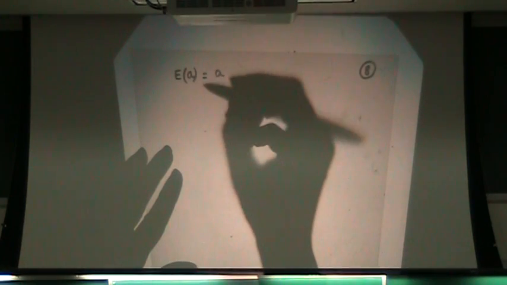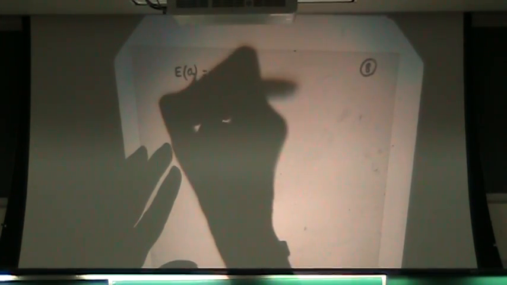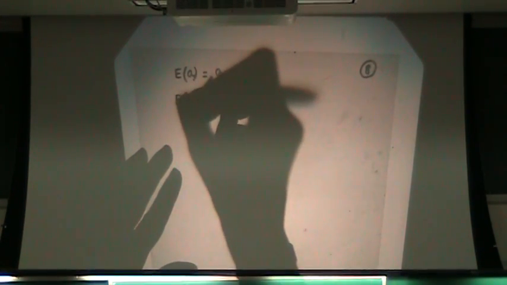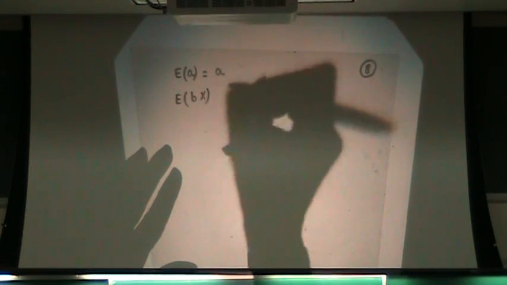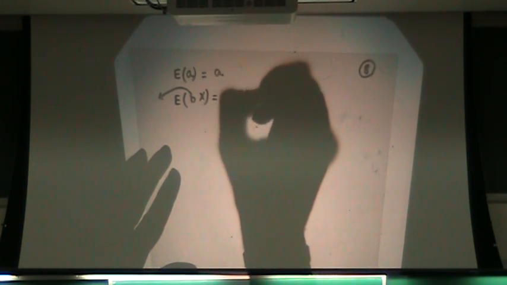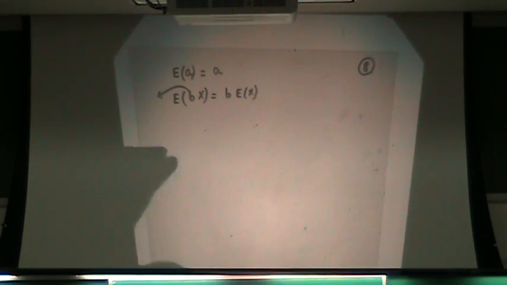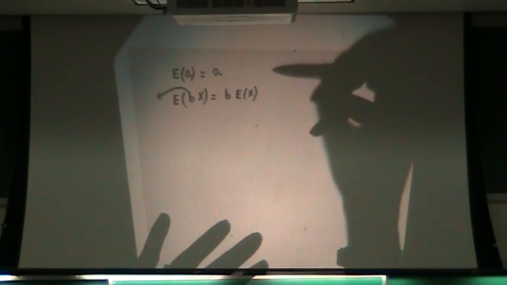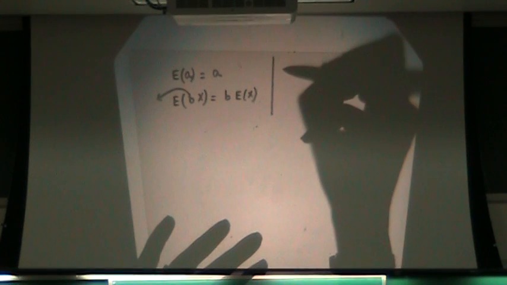And we also know that when we have E of Bx, where B is a constant, you can pull out the B: B E of x. What I didn't talk about is the formulas for variance. So these two you should also know.